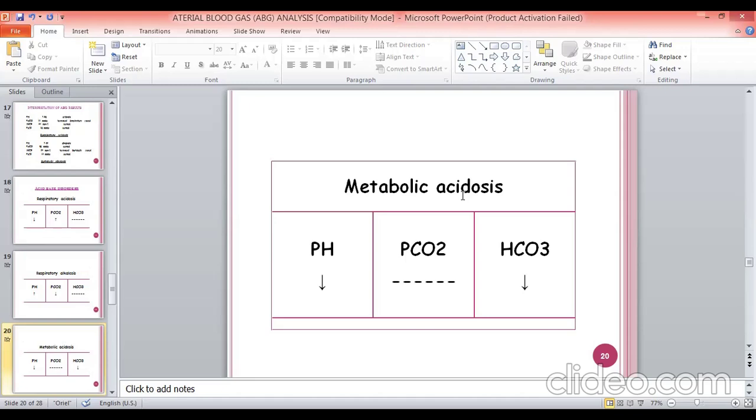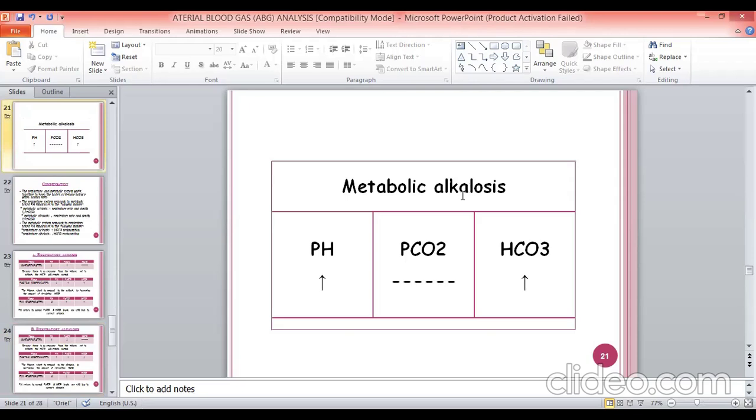So pH and bicarbonate are in the same direction. That is metabolic acidosis. In metabolic alkalosis, pH is in an uptrend, bicarbonate is also in an uptrend in the same direction, whereas partial pressure of carbon dioxide is normal. So pH increase means alkalosis, with a metabolic cause.